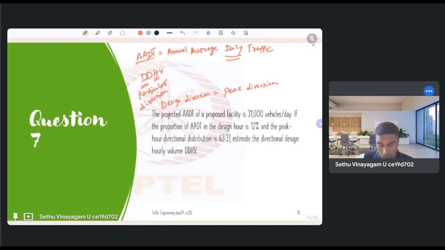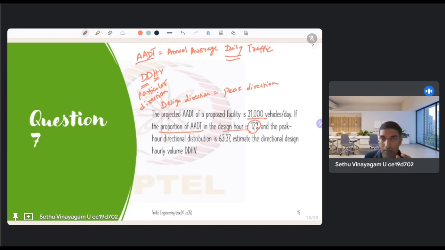So that's what we want to derive. Okay. So here AADT is 31,000 vehicles per day, and what is given to us is that during the design hour the proportion of AADT would be 12%. So 12% of this 31,000 vehicles, which travel in the whole day, will be traveling during the design hour, right?